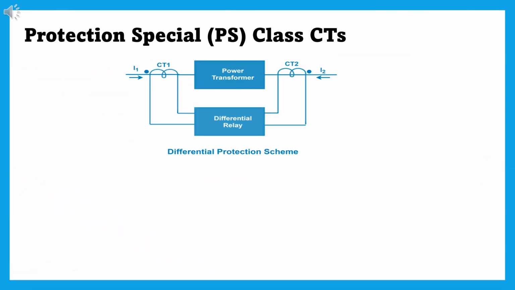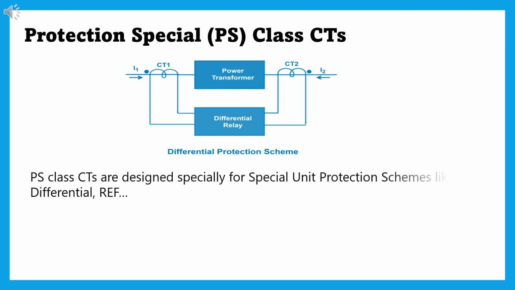PS class CTs are designed for unit protection schemes like differential protection or REF. If you are acquainted with these heavy names, then you must be aware that in this scheme CTs are placed on both sides of the equipment to be protected. For example, HV and LV side of the transformer. Thereafter, the differential relay continuously compares the values of currents received from both CTs.